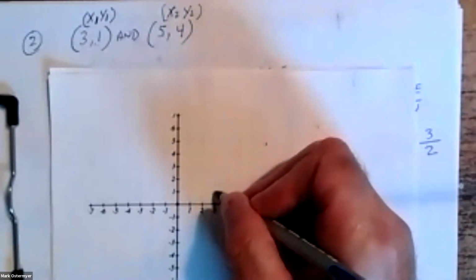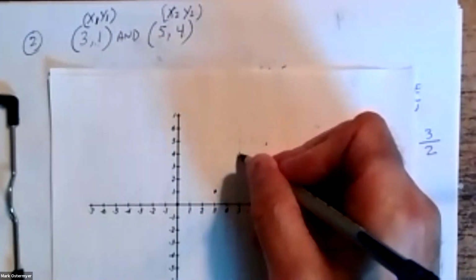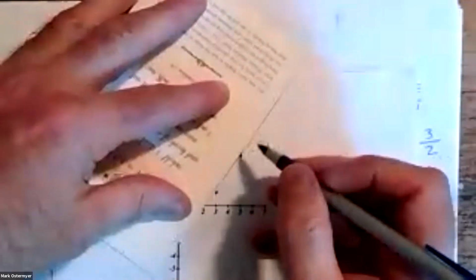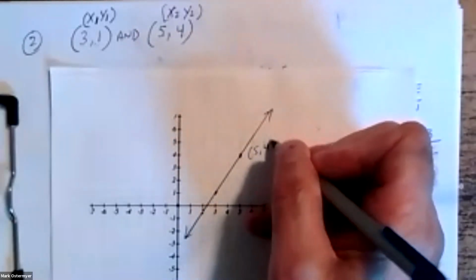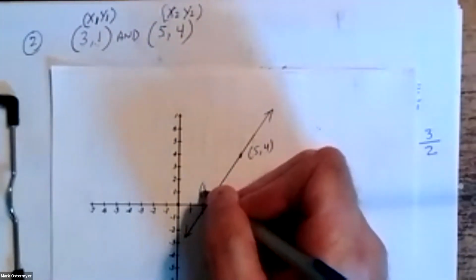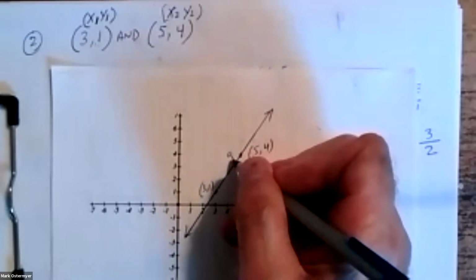So suppose we wanted to move along this line from (5, 4) down to (3, 1) instead. Would we get the same slope if we went this way?